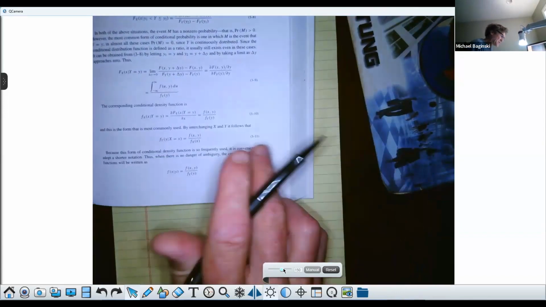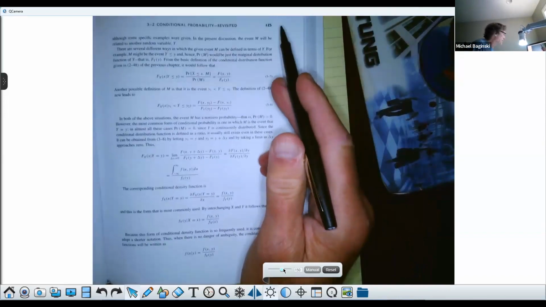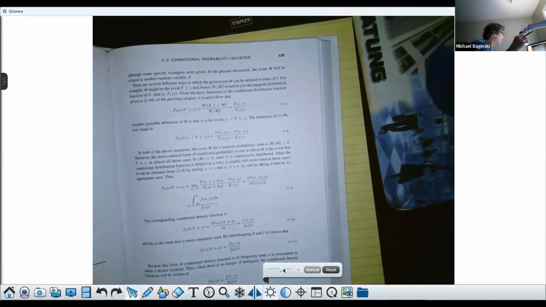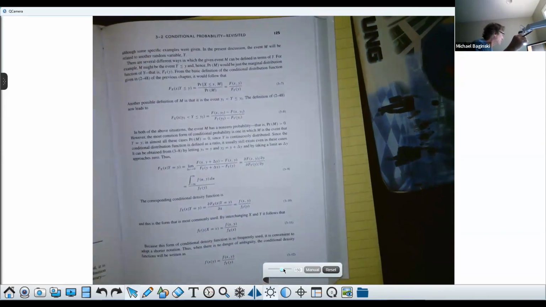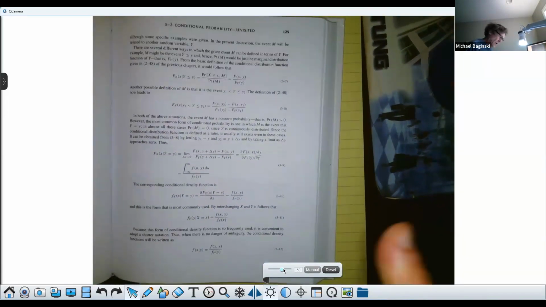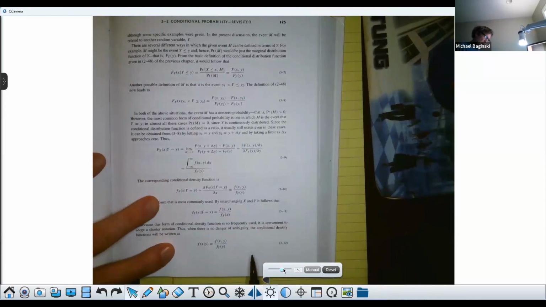So if we talk about probability density functions and conditional probability, there's some reading on page 125 here that you can do if you want, but I'm just going to make mention of something. What it comes down to, and the key, in my opinion, is right here.